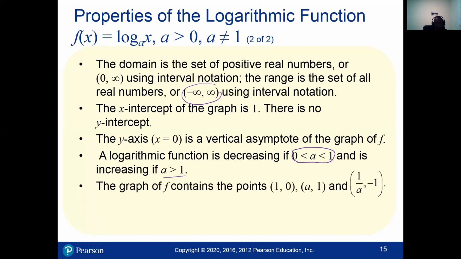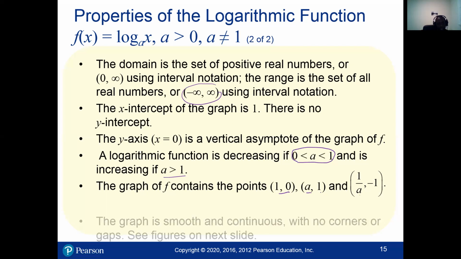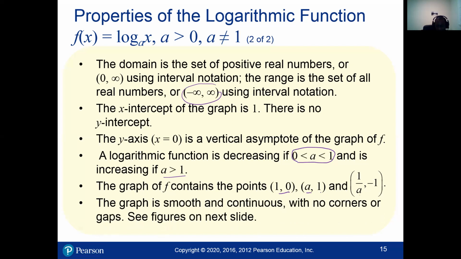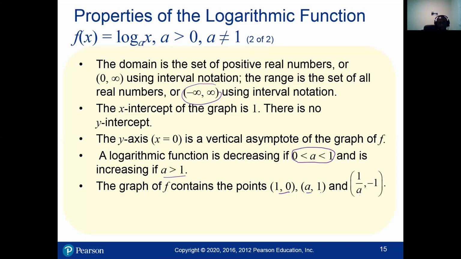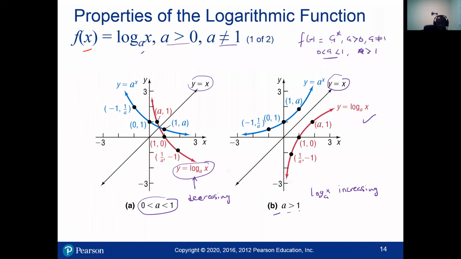And then the graph of f contains the points (1, 0), (a, 1), and (1/a, -1). And then finally, the graph is smooth and continuous with no corners or gaps. We can see the graphs in the previous slide that we talked about, which is right here.